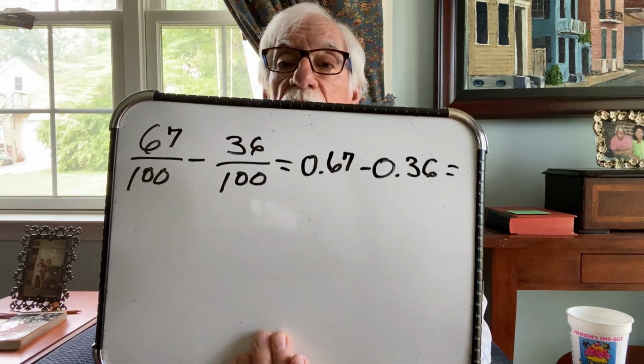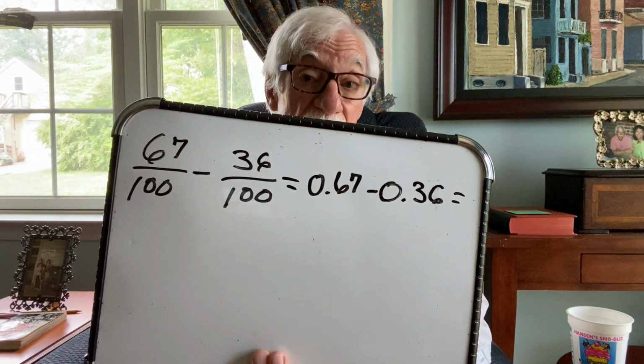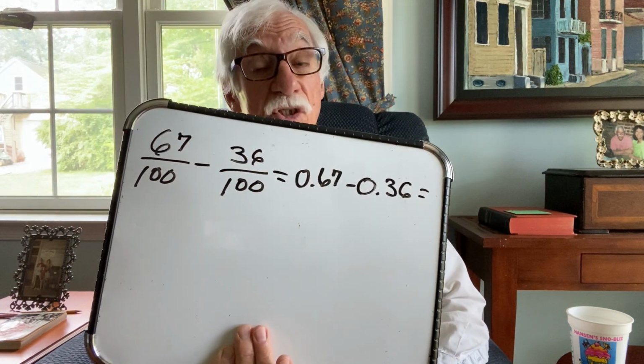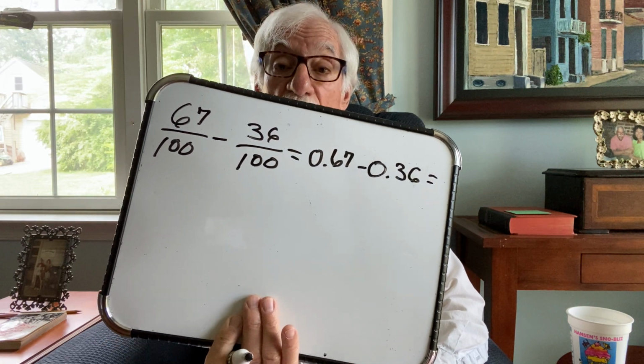So the equivalent of that, of course, is 67 hundredths as a decimal, take away 36 hundredths as a decimal. All the same, number fractions, decimal fractions. But I told you, remember, do not try and do a decimal fraction as a horizontal problem.